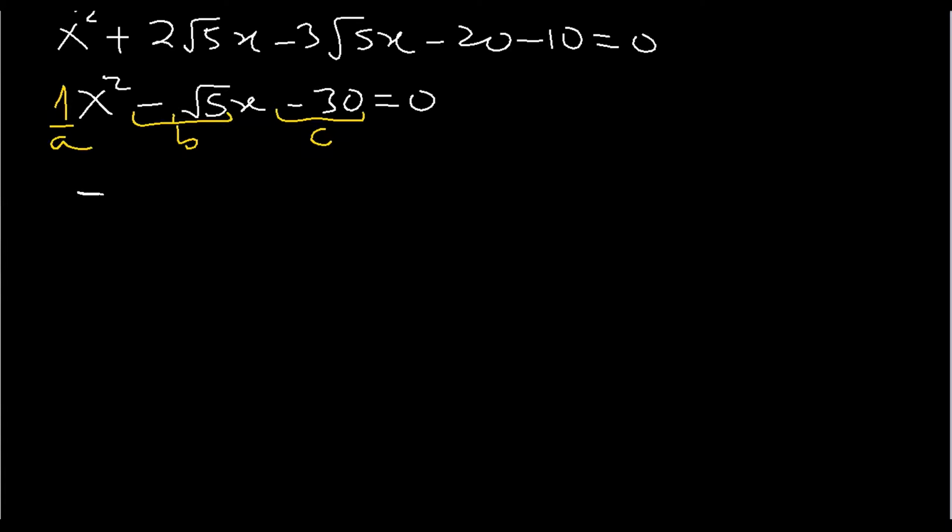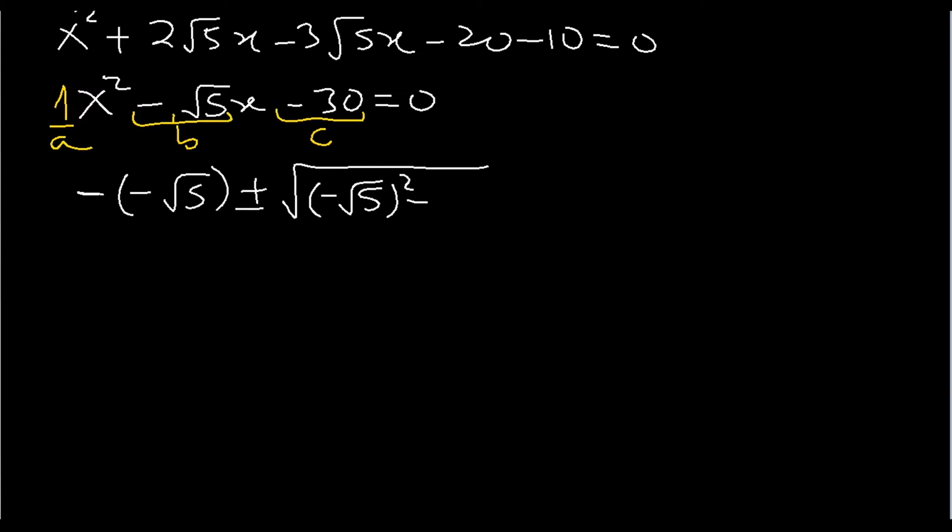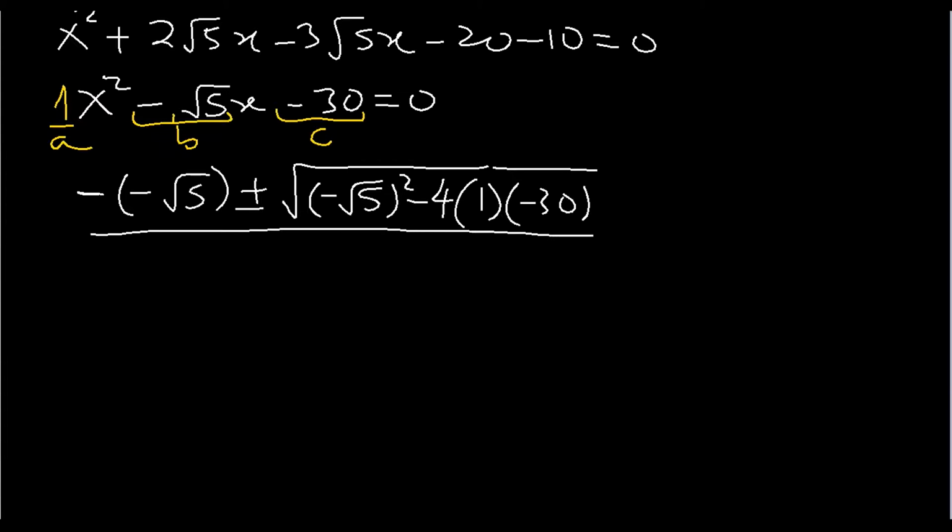So minus B, which is square root 5, plus minus square root of B square minus 4 times 1 times minus 30, over 2A, 2 times 1.